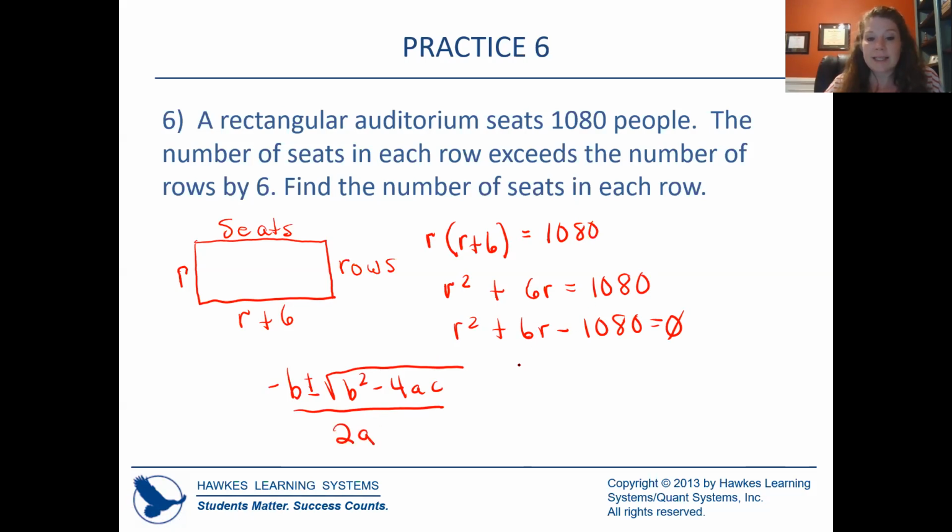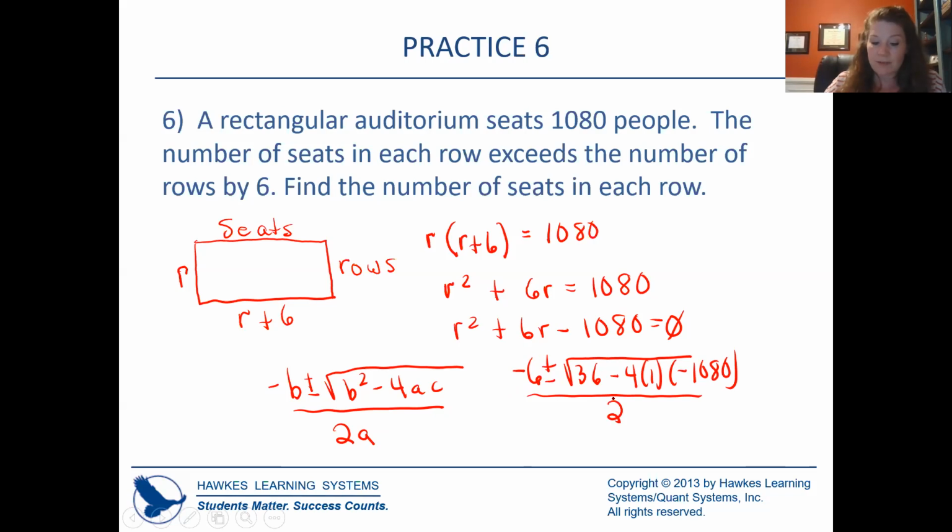So b is 6, so the opposite of 6 plus and minus the square root of 6 squared minus 4 times 1 times negative 1080, all of that over 2 times 1.